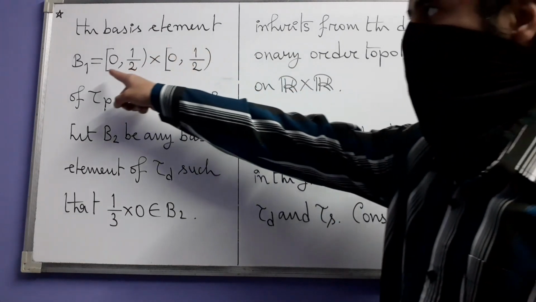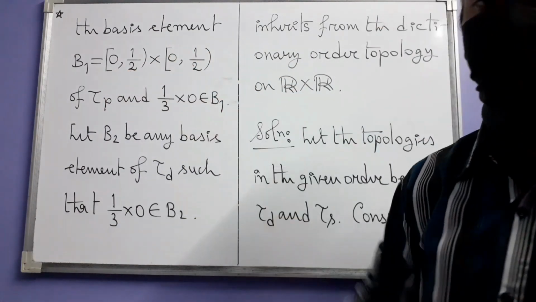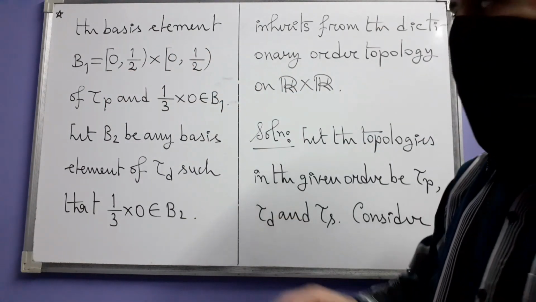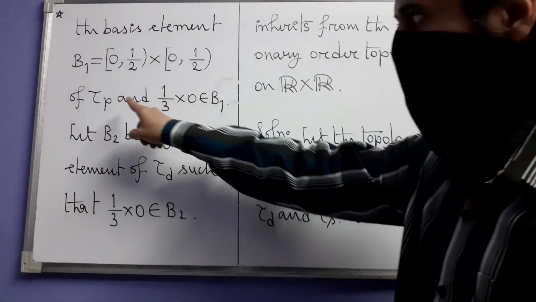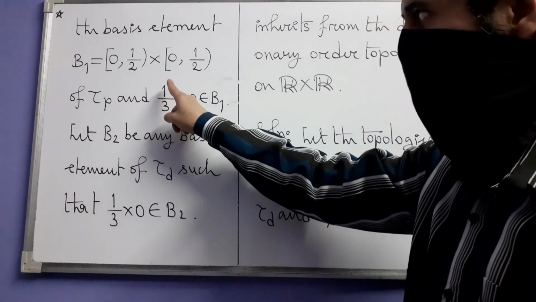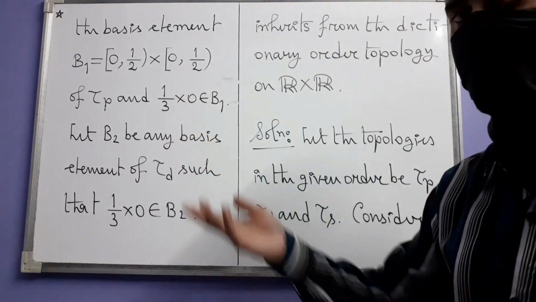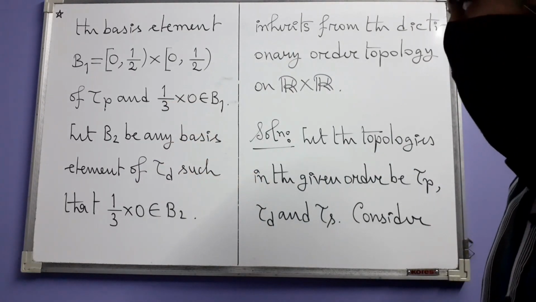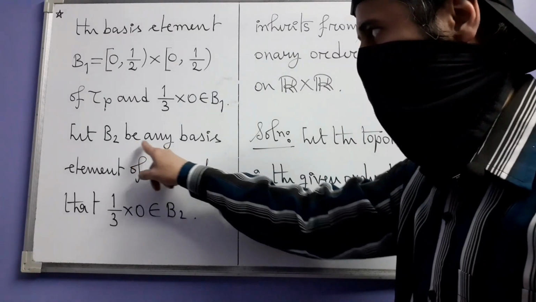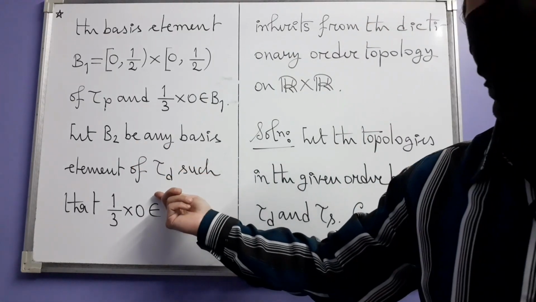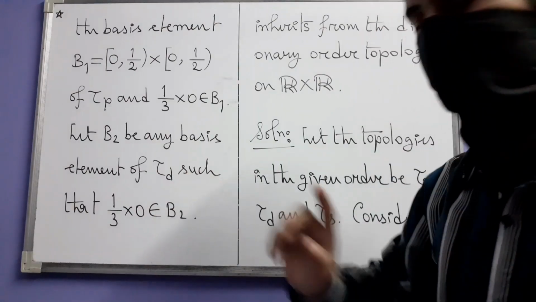Consider this basis element B1, this Cartesian product of the half-open interval [0, 1/2) with itself, a basis element in the product topology, and the point (1/3, 0), or in this new notation 1/3 times 0, in B1. And now consider B2 to be any basis element in the dictionary order topology containing this point.